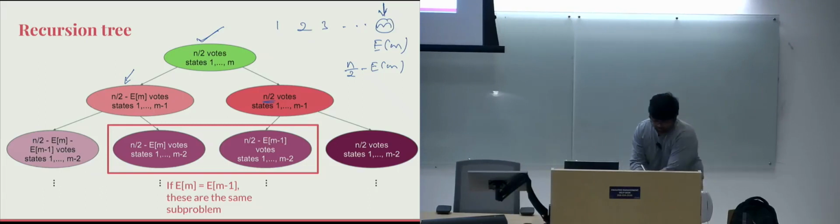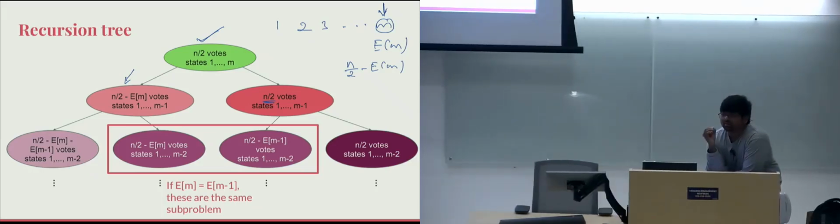Now the subproblem is that you have already decided the votes for the mth state, so in the subproblem you only check from 1 to m minus 1. Make sense? Notice how the array size is decreasing here. Initially it was 1 to m, now it is 1 to m minus 1, and the required number of votes has also decreased.